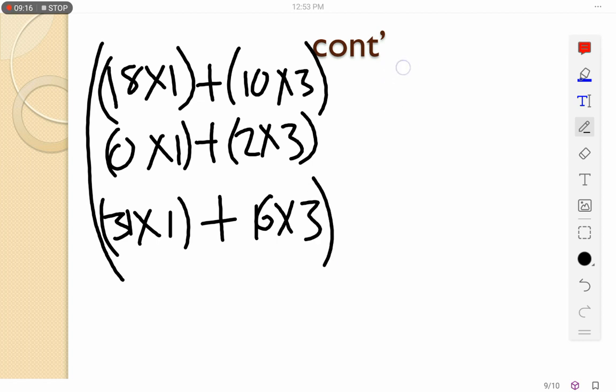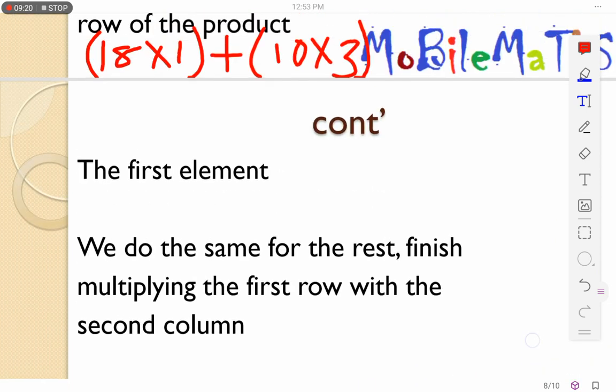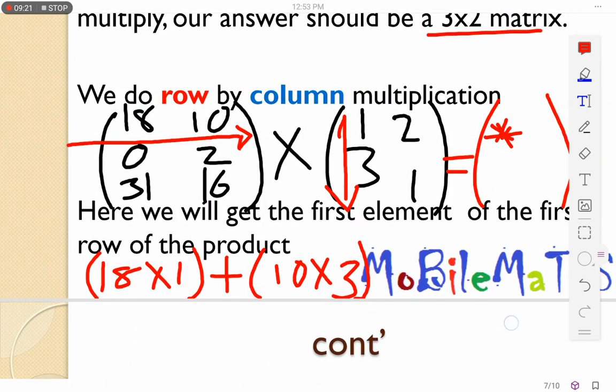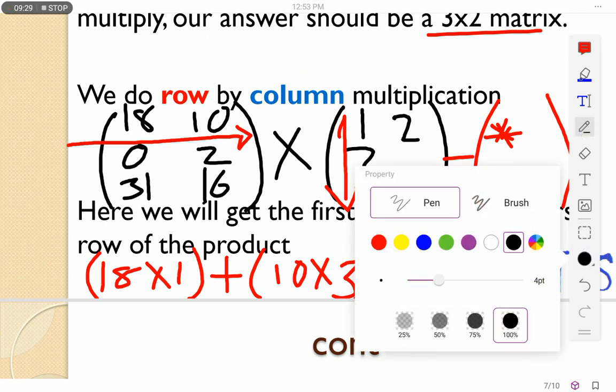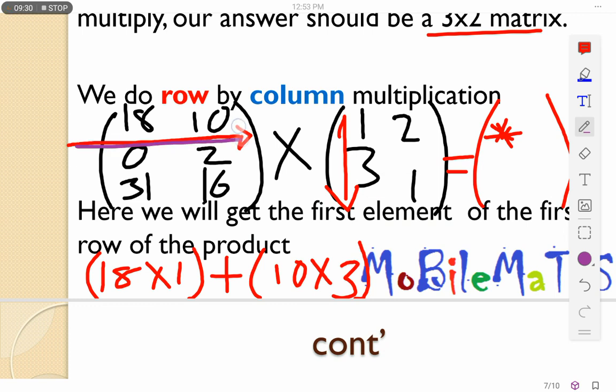So what you do on the first item, you do on the second one. What I did was multiply the first row by this column. Then I get the position there. Then I do the next row by this column, and the next row by this column.